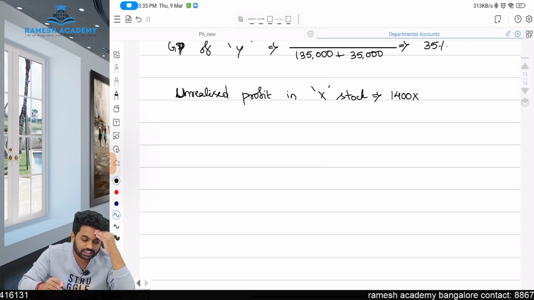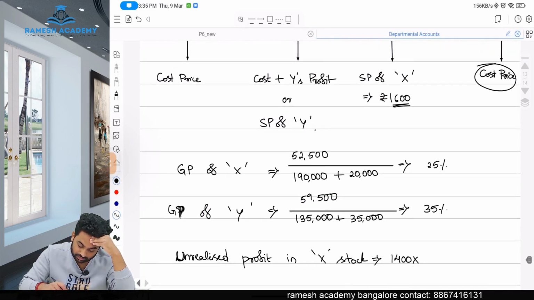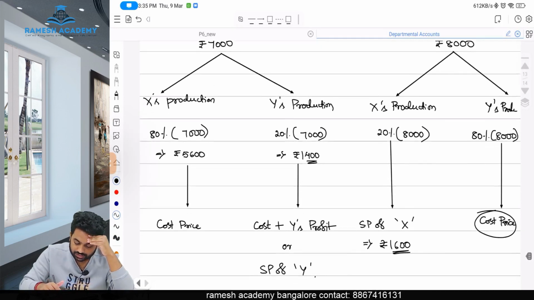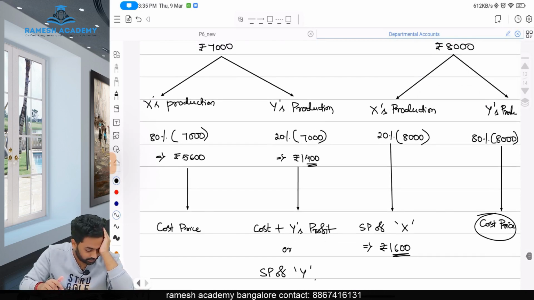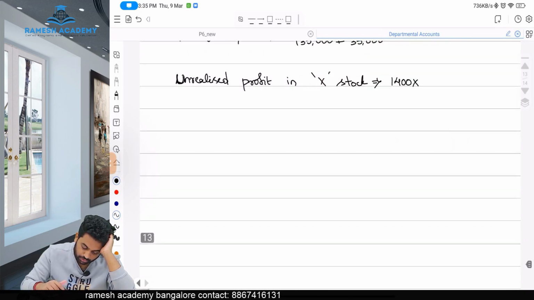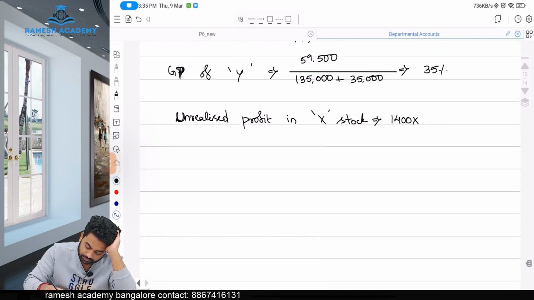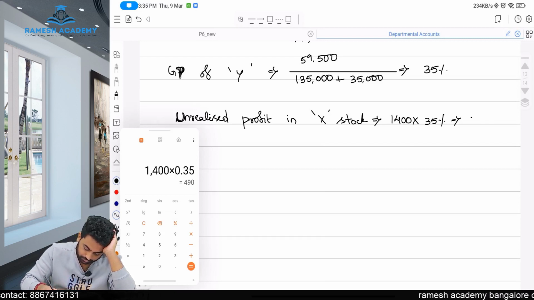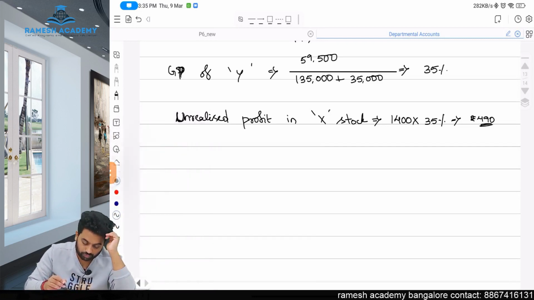Tell me, guys, it is sent by Y, right? So how much is Y's profit portion? It is 35%, which is 490.